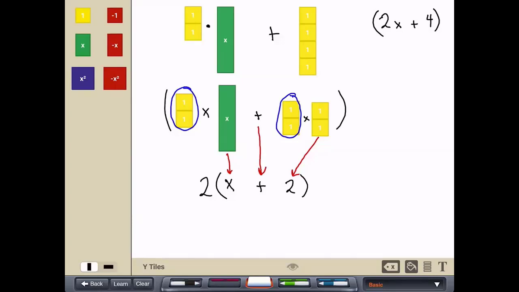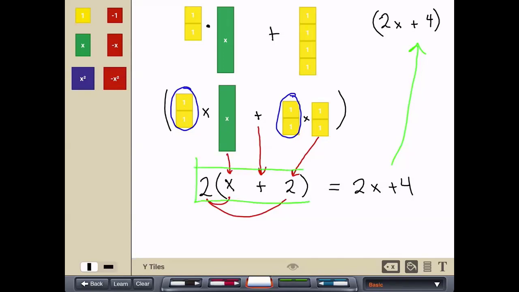So if we multiply this 2 by x and this 2 by 2, we do see that we have 2x plus 4, which is the same as our original expression. So the problem was to factor 2x plus 4, or simplify it. Our answer would be 2 times x plus 2.